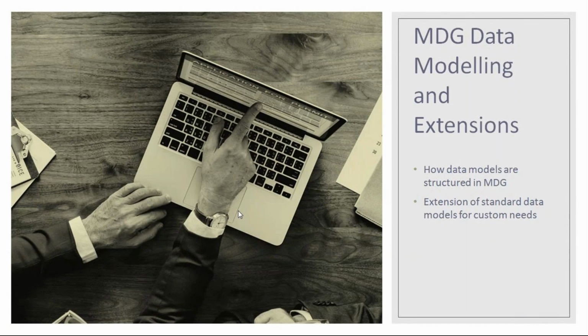Then you need to look at the actual requirement and, based on that, extend the existing data model with additional entities, attributes and their relationships. And ultimately the mapping and related things come into the picture.